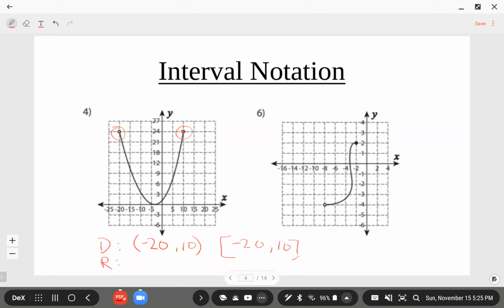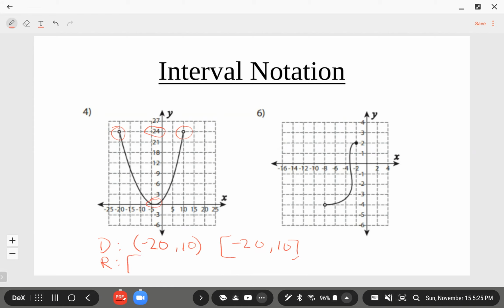Okay, our range, starting from our least range value to our greatest range value. Our greatest range value would be 24, the highest range value. But our lowest would be 0. This appears to be 0, and it's on the graph.